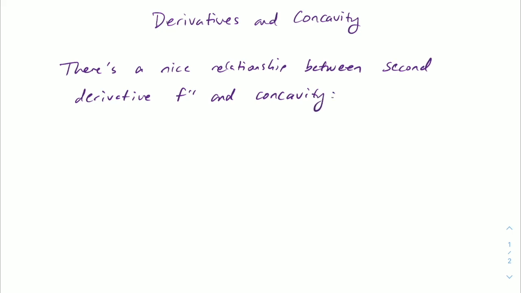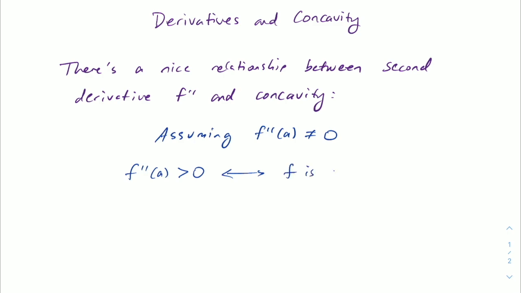And here it is. Assuming that the second derivative is not 0 at a point, then the second derivative is positive if and only if f is concave up at that point.